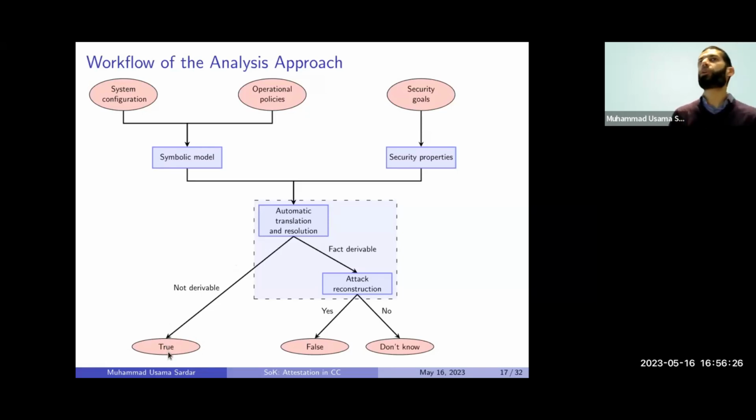In that case, the property is true. That is, the symbolic model that we created satisfies this specific security property. So this is the core of how the ProVerif tool works inside, starting from applied pi calculus modeling, up to the answers on whether the security property holds or not.